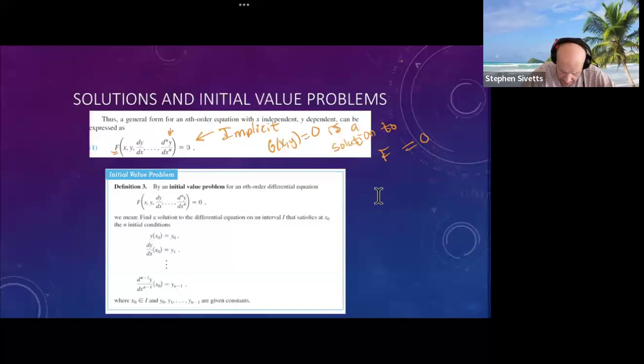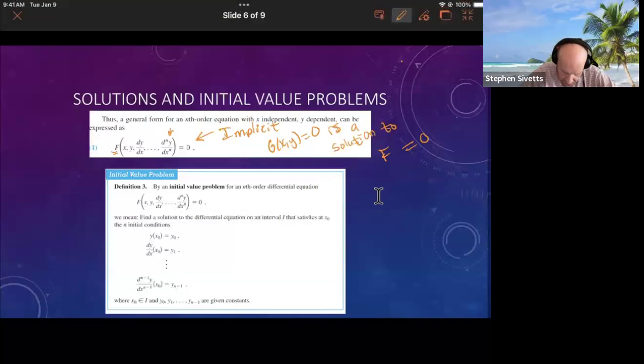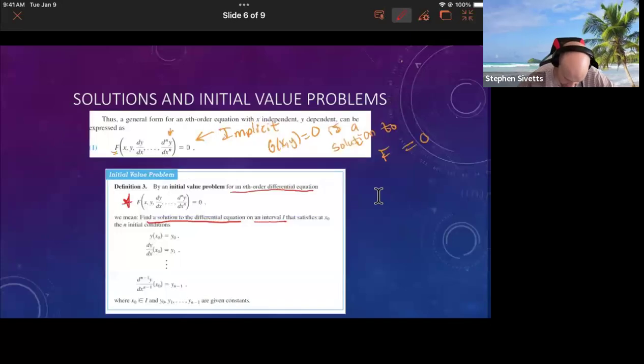And then what I'm going to go over next is what is called an initial value problem. By an initial value problem for an nth order differential equation that is implicitly defined like this, what we mean is we want to find a solution to the differential equation on any open interval I that contains a point x naught that satisfies the initial conditions, the n initial conditions, right?